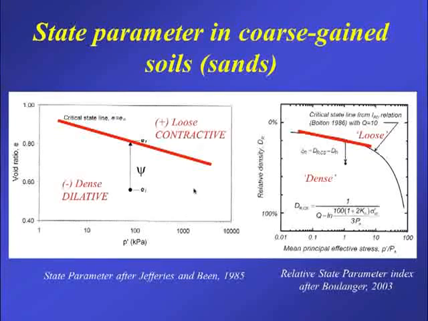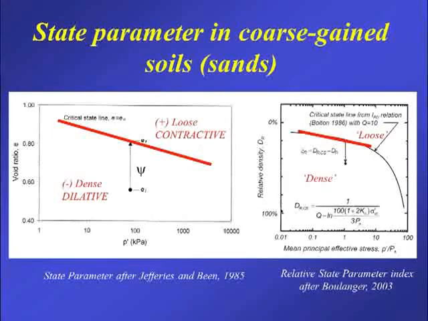Now, Bean and Jeffries and others recognize that the critical state line is not a straight line over a very large stress range. Professor Bolton did quite a nice job. He combined all of the work that Bolton did that linked the dilatancy of sands to friction angle and relative density.